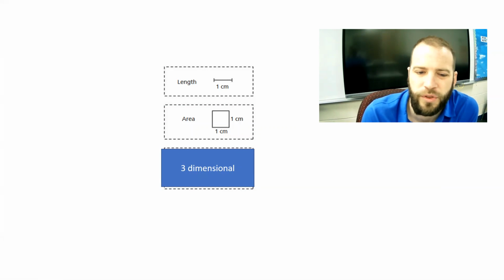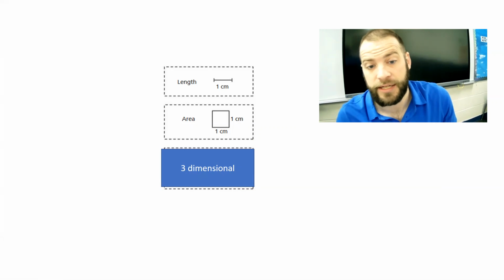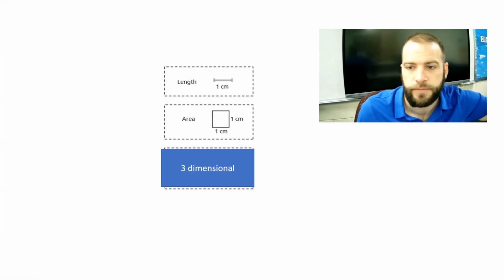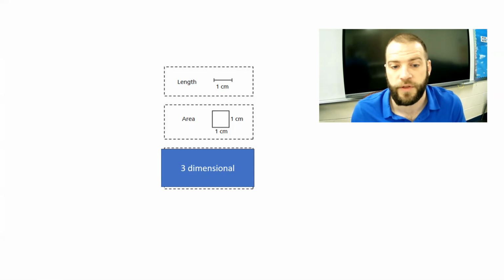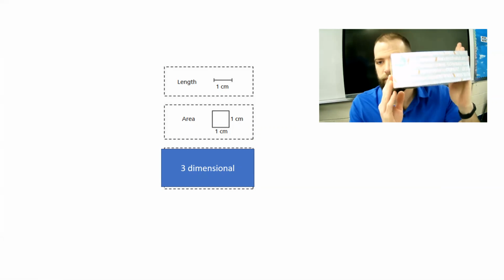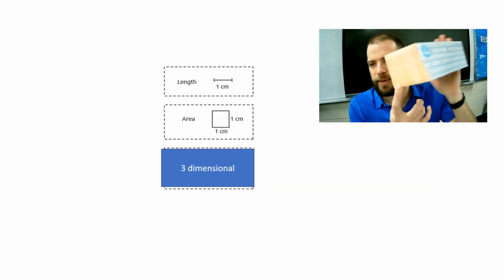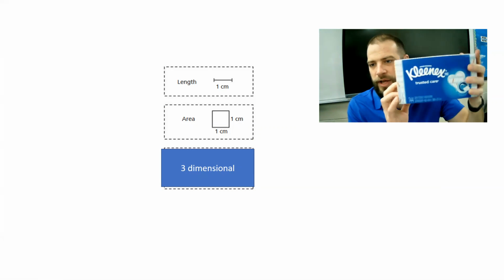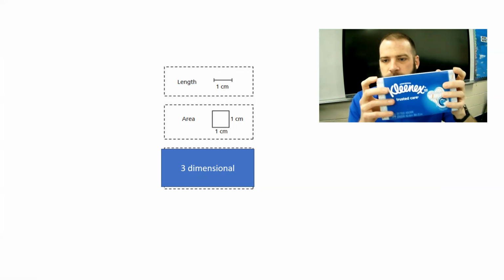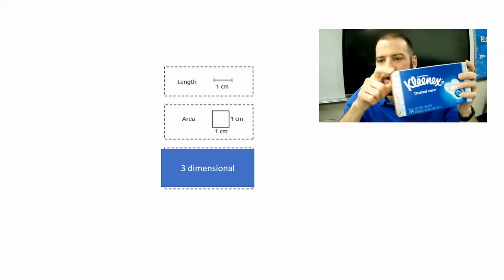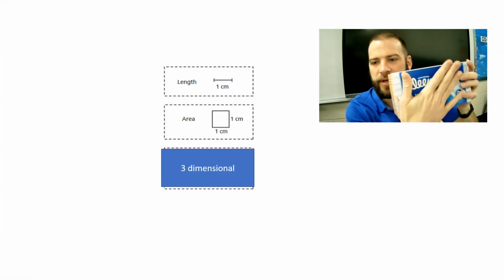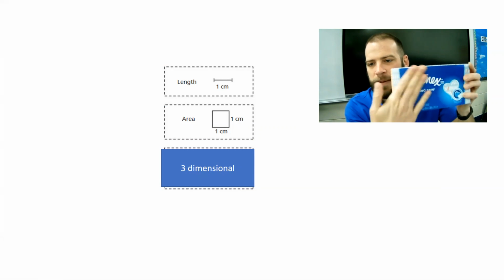What in the world would three-dimensional be? That's what we're working on today. An example of a three-dimensional shape is right here, a Kleenex box. Why is it three-dimensional? Because it has a length, and one dimension by another dimension because it has a flat surface.